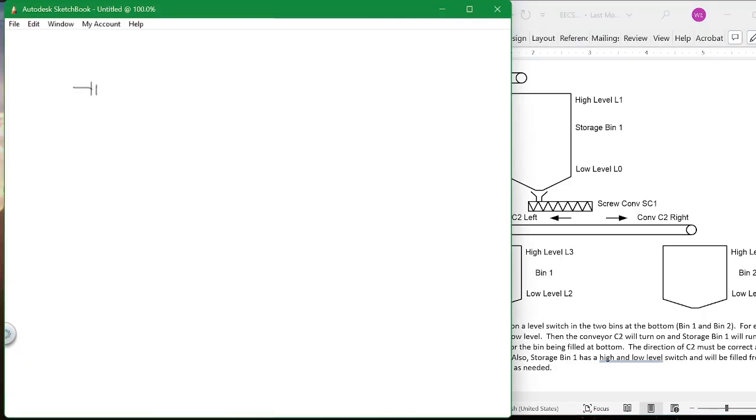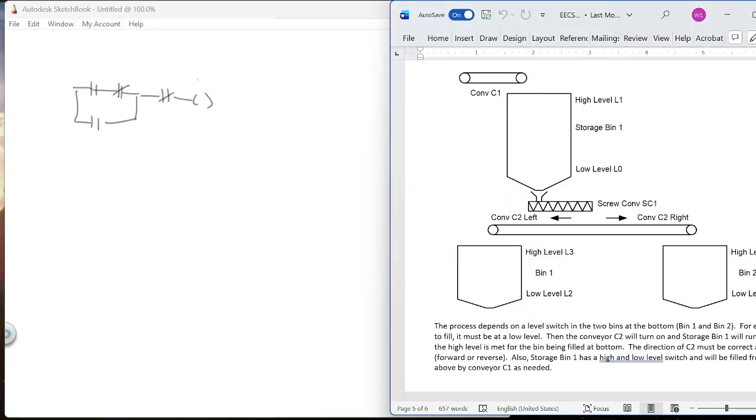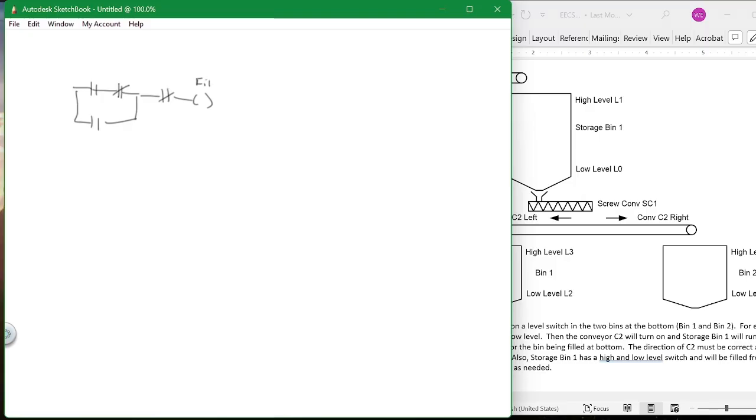So you have 2 basic seal circuits. One that does, and this can be out here. It doesn't have to be in here, but you have to have it one place or the other. So you have to say fill bin 1. Okay, so this has to be for fill bin 1. And this would be not a fill bin 2. And then you have to have one like this for filling bin 2.